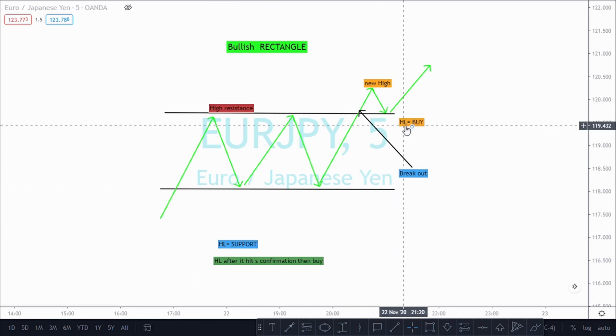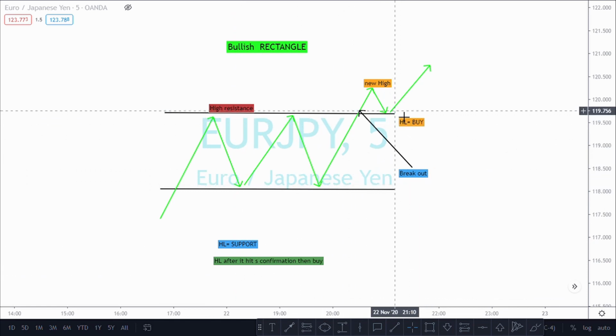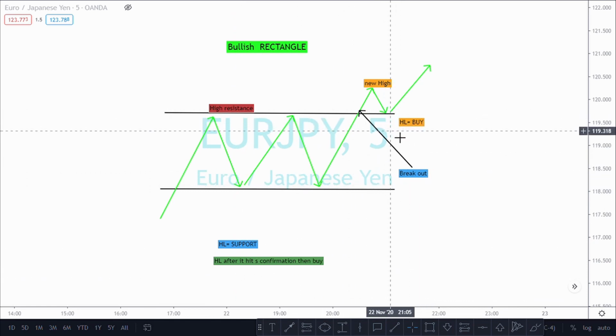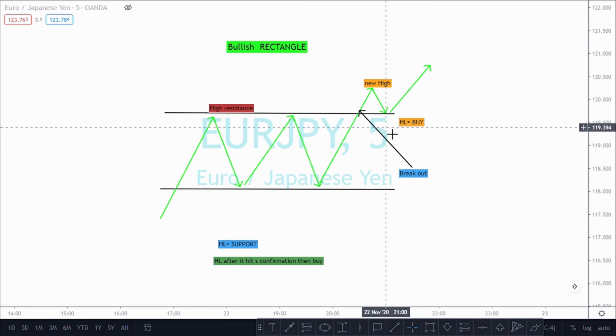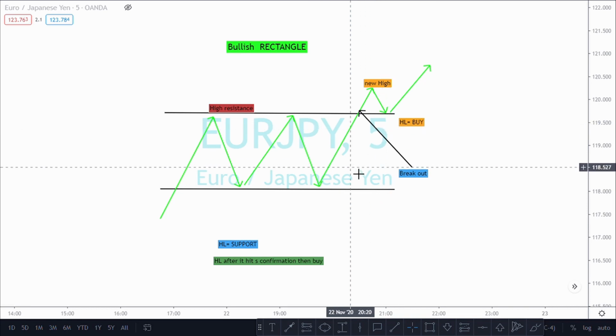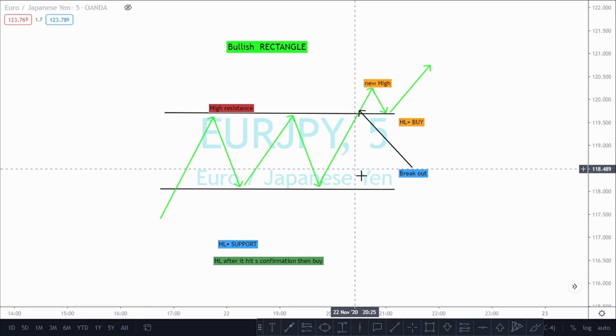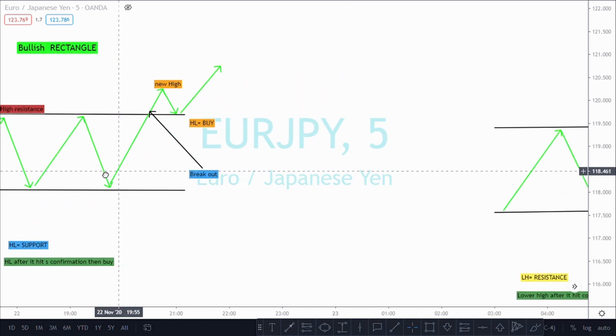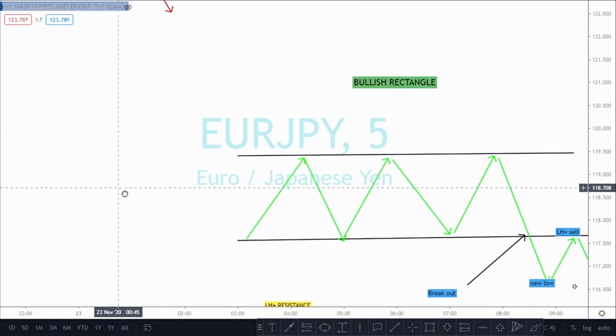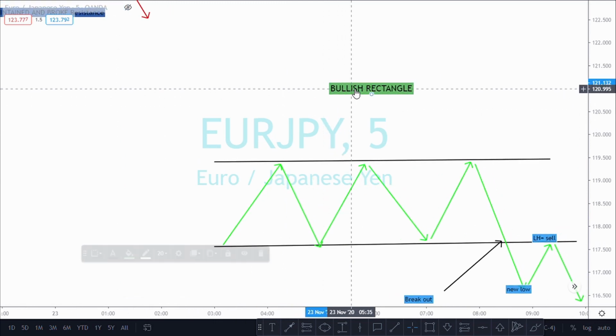After it hits and shows confirmation, which is either a bullish engulfing or a pin bar, we jump on that. But yeah, for the spot one, of course it has an inverse channel.